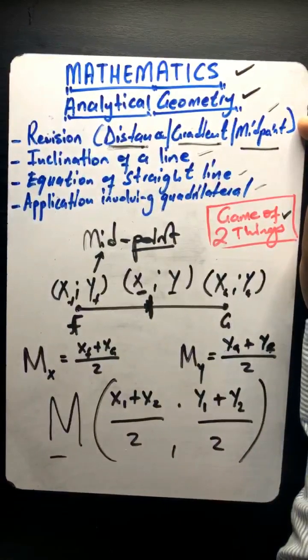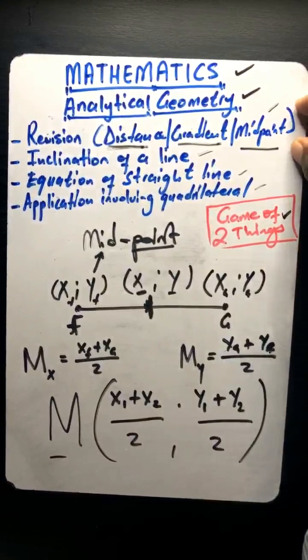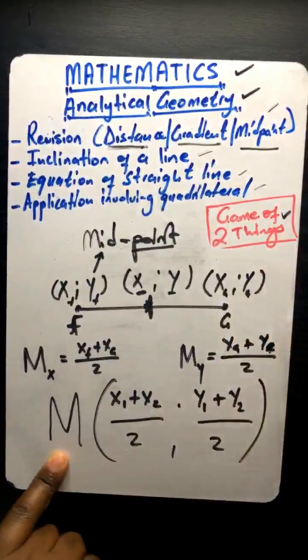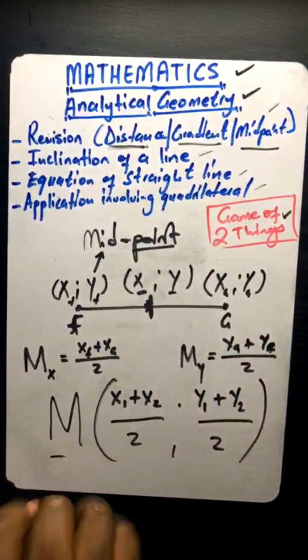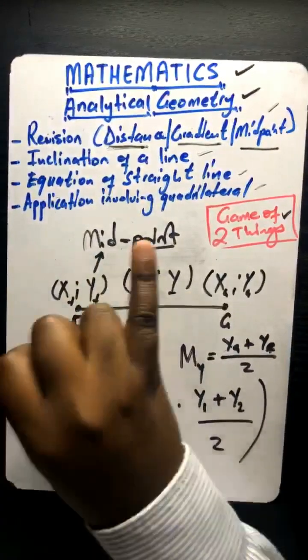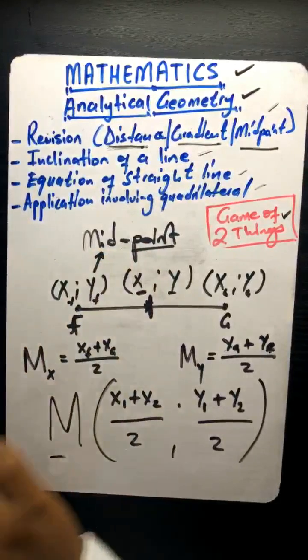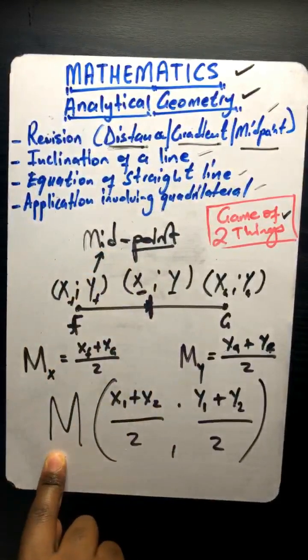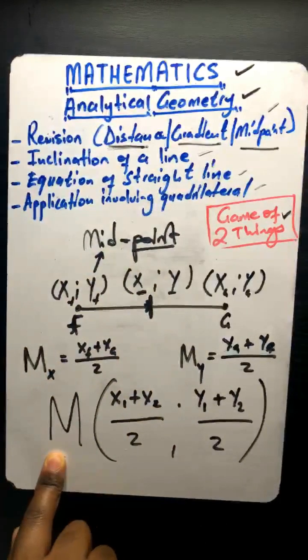Most importantly, for these 3 formulas you always need 2 things, meaning even with the midpoint, you can be given 2 points, or 1 point and an answer being either the x value of the midpoint or the y value of the midpoint.